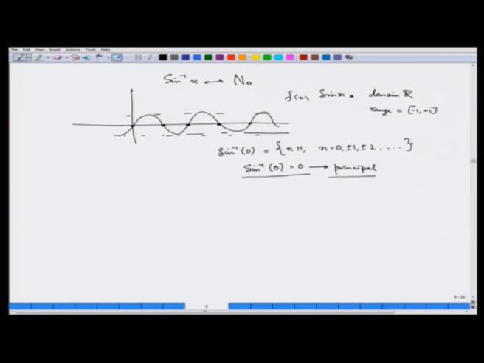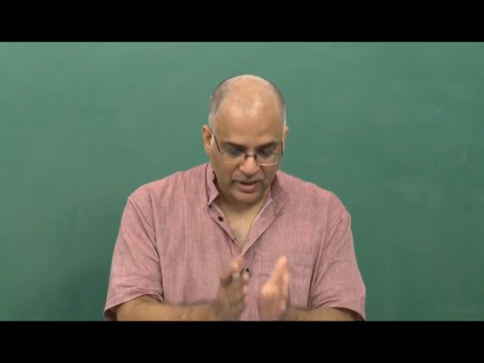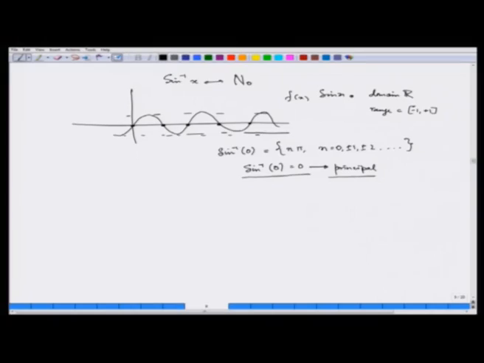Inverse trigonometric functions can never be functions, they are always so-called set valued maps. But when we write sin inverse x equal to y, we are essentially talking about only one of these values, the first value or the base value, which is called the principal value.